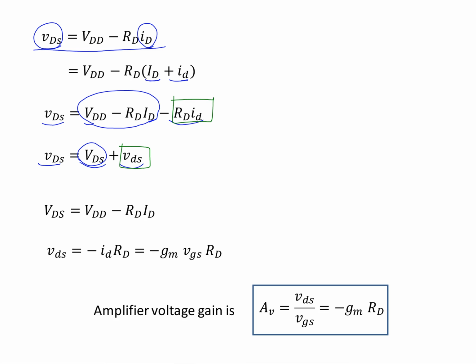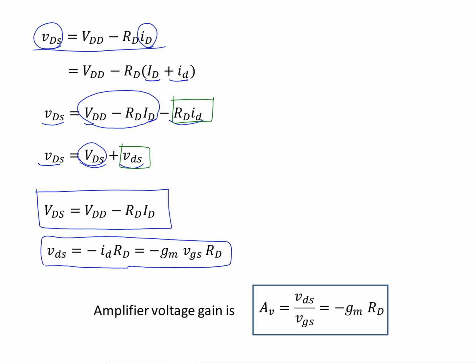So the total instantaneous VDS has two terms, the DC part and the AC part. The DC part is this equation here, the power supply VDD minus RD, the drain resistance, multiplied by the DC drain current, and the AC part is related to ID and VGS in this way.